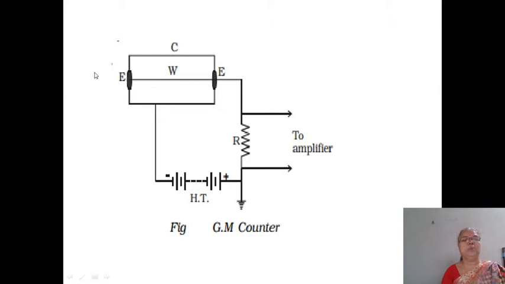The radiations from the radioactive source penetrate this mica window and enter into this gas cylinder. Here 90% argon gas and 10% ethyl alcohol is filled. Then here is the anode.